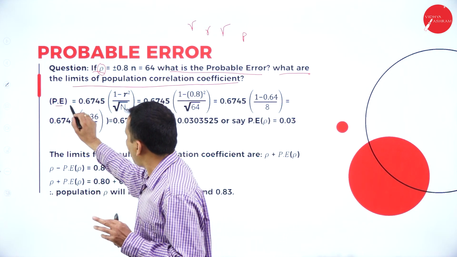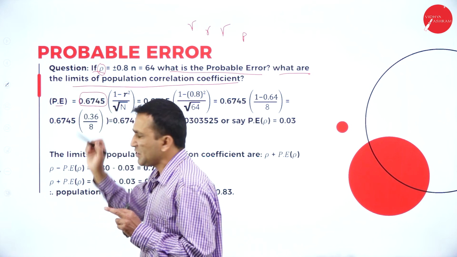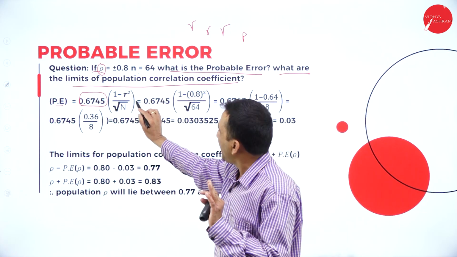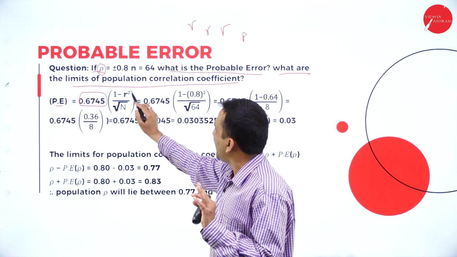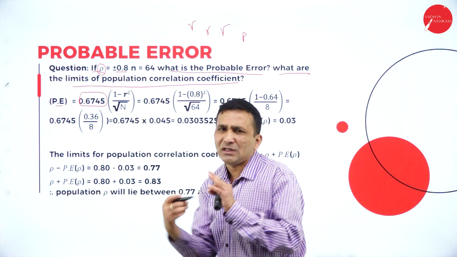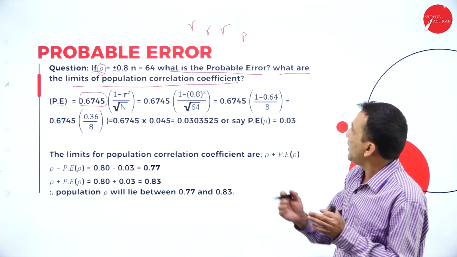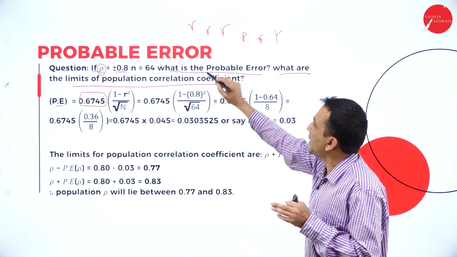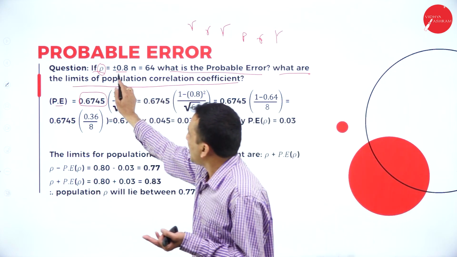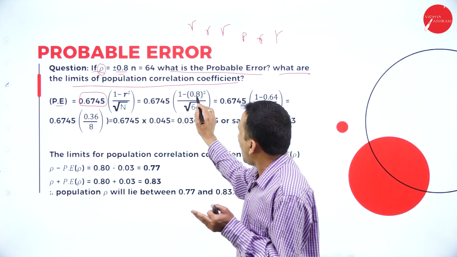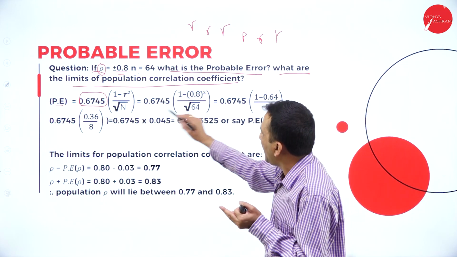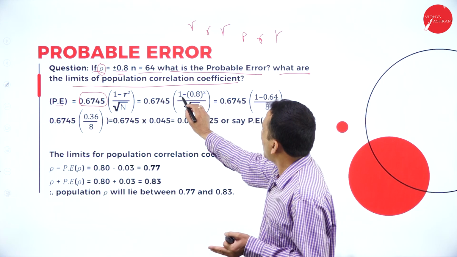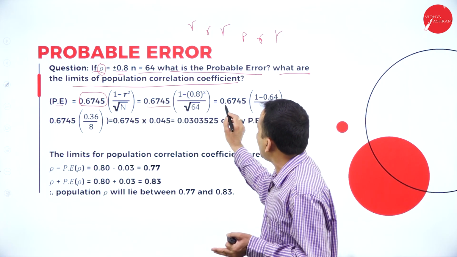Calculate the probable error: the standard value 0.6745 into 1 minus r squared, and here r is 0.8, divided by the square root of n, which is clearly specified in the question as 64. The correlation symbol can be written r, gamma, or pi; directly it is given as 0.8.